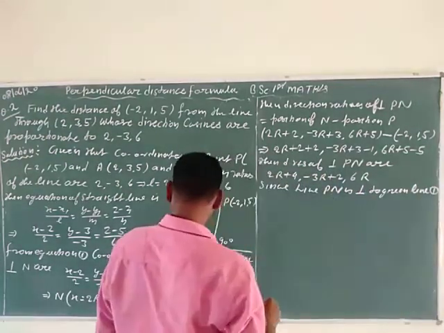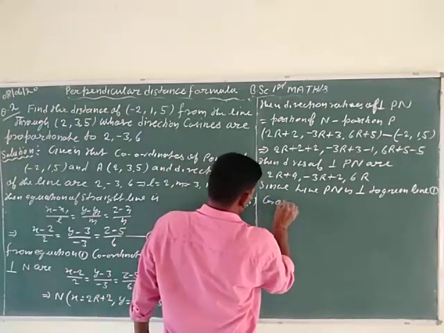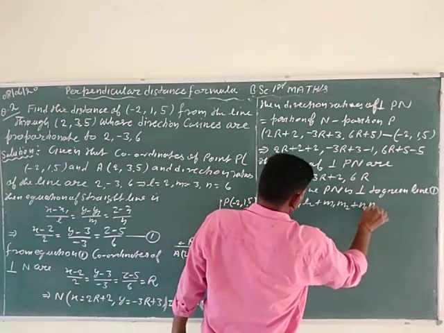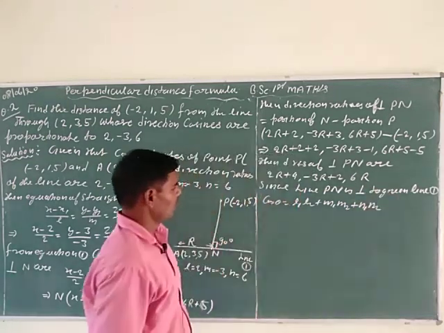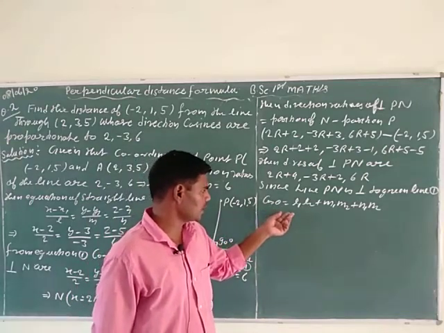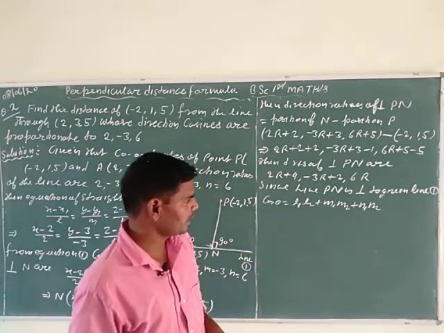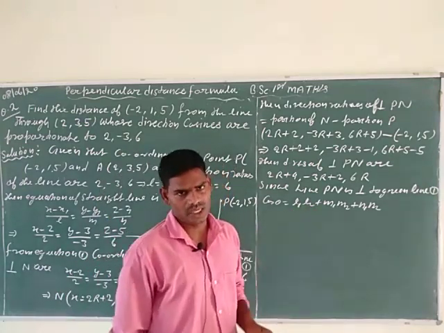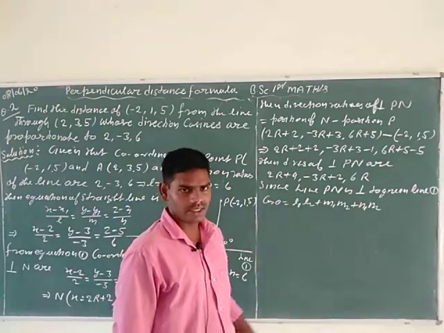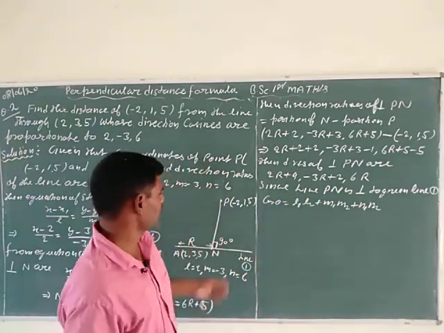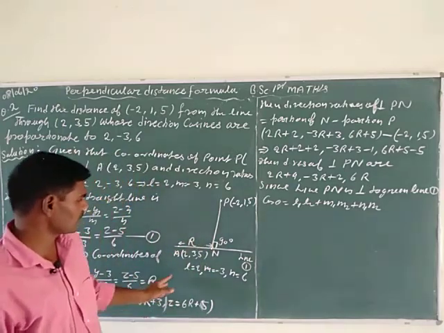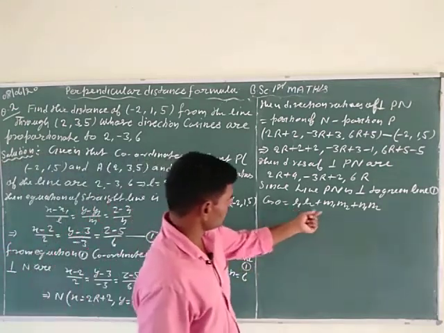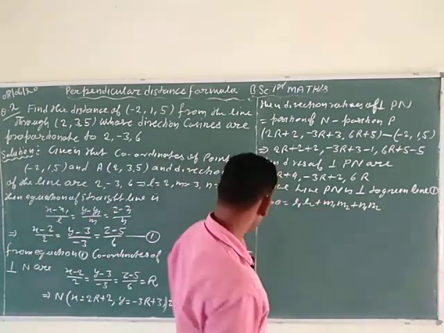You have already read that in this formula, l1 m1 n1 and l2 m2 n2 are the direction cosines, but here they are taken in the sense of direction ratios of the perpendicular line PN and the given straight line, which is represented by first. So l1 m1 n1 are the direction ratios of the given straight line.